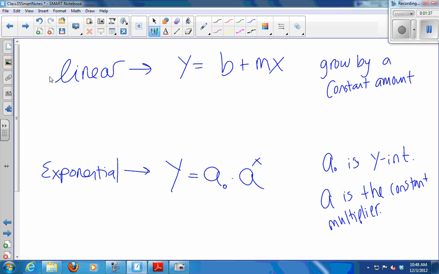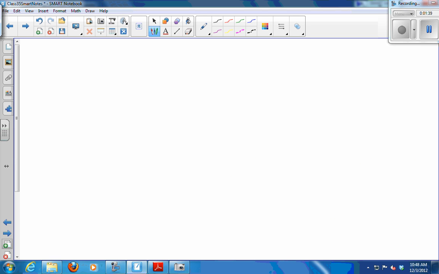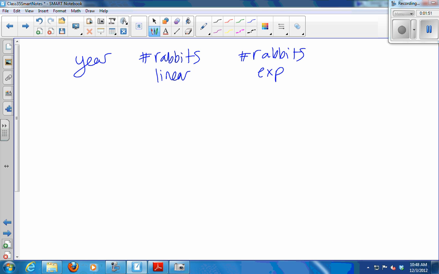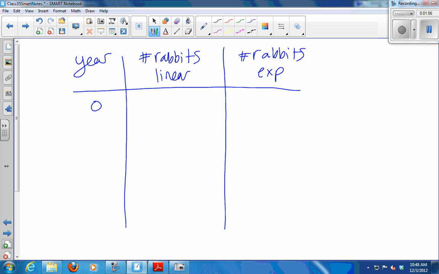So for the rabbits, we had year, number of rabbits, linear, and number of rabbits, exponential. So we started with 1,000 rabbits in both cases.